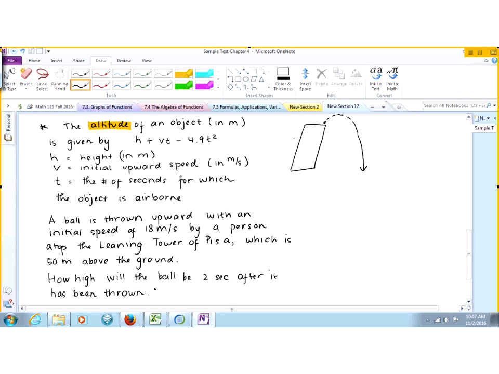Okay, so what do you think you'll do? On this type of word problem, we have the formula, so we don't have to think about it anymore, right? Anyway, so what would you do? Yes, on your exam, you just need to substitute. So 18 meters per second, what would this be?